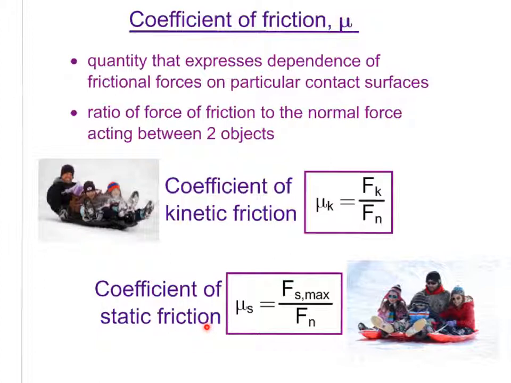The coefficient of static friction will be mu with a subscript s, and that's going to compare the maximum static friction to the normal force. Here, the maximum static friction is when an object is still stationary just before it begins to move. How much force is needed to be applied just before it begins to be in motion.